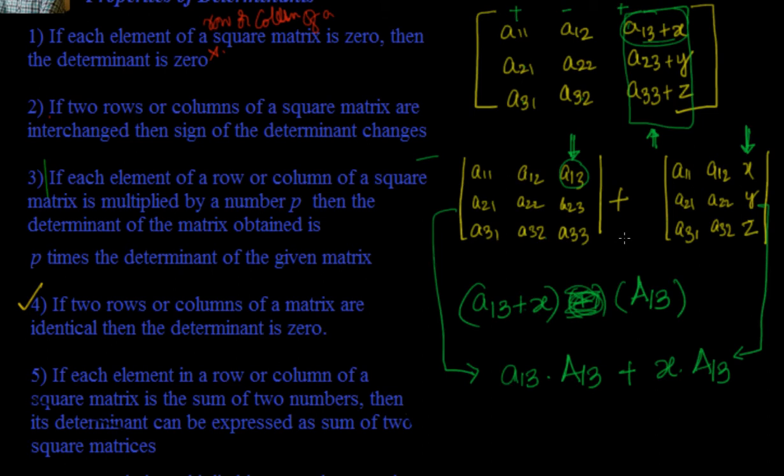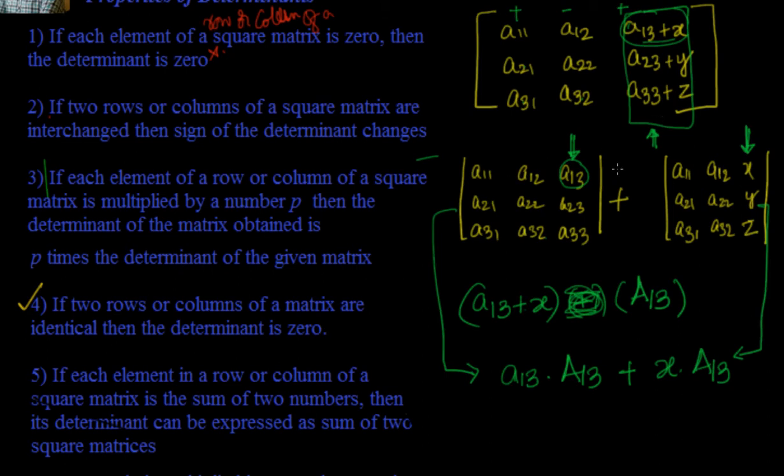Where it is expressed as sum of numbers, you will have that column divided into first part in the first matrix, second part in the second matrix. Like if you take here A11 A12 A13 plus X, A21 A22 A23 plus Y, and A31 A32 A33 plus Z. Now when I want to find out the determinant of this, what I can do simply is divide this into two parts where the first two columns will remain the same.